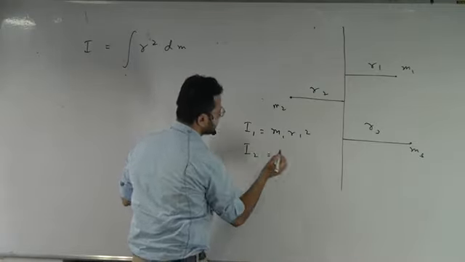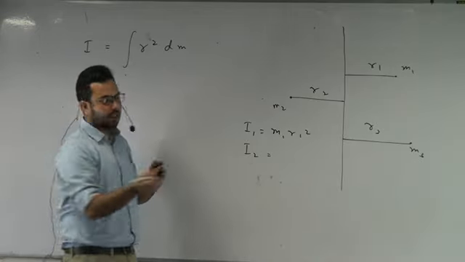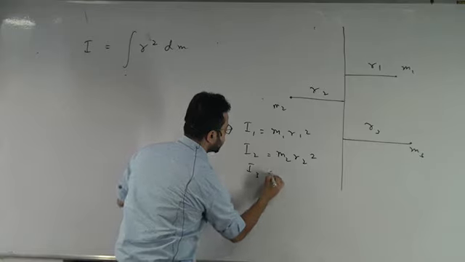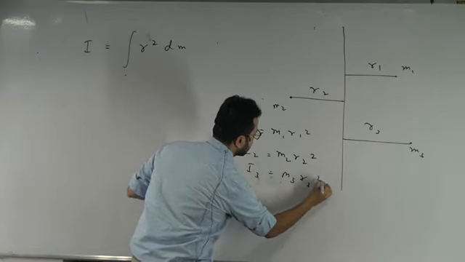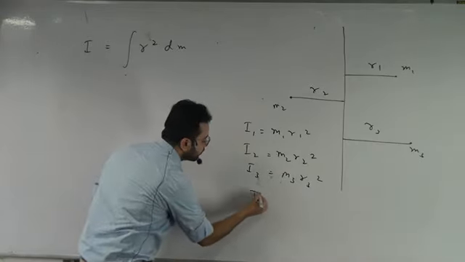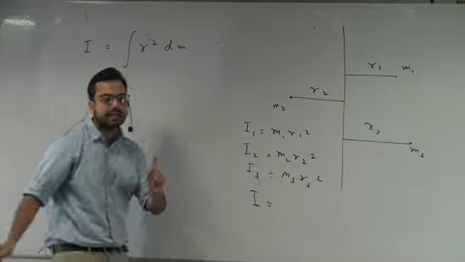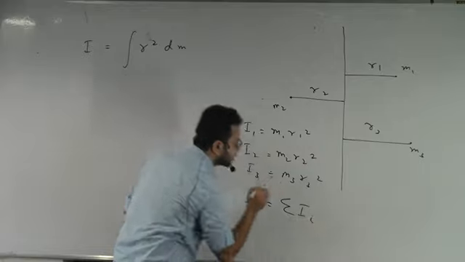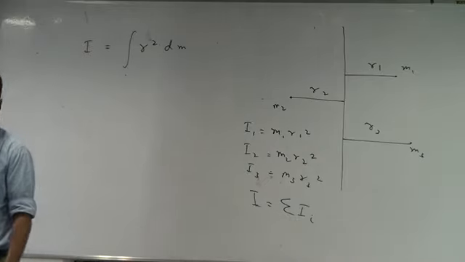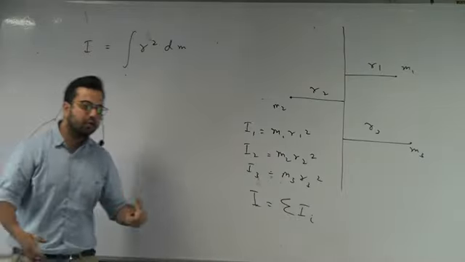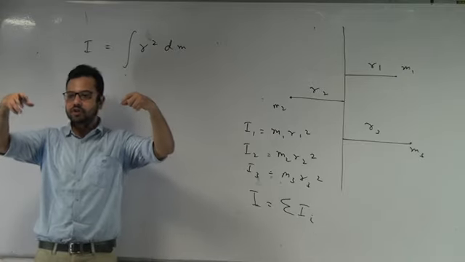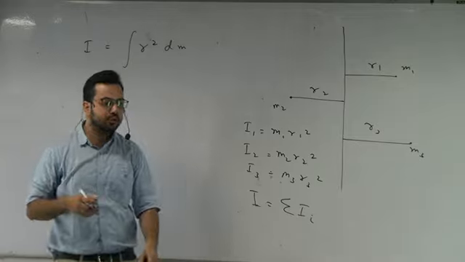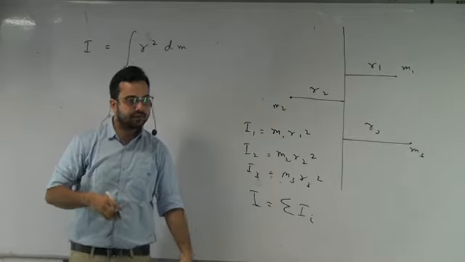For the second particle, m2 r2 square, and similarly m3 r3 square. So I can also write that the moment of inertia of the entire system would be the summation of small I. Can I write that? Obviously. If I find the moment of inertia of different masses, I can just add up all those moments of inertia and I'll get the moment of inertia of the system.